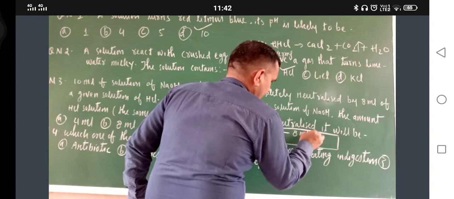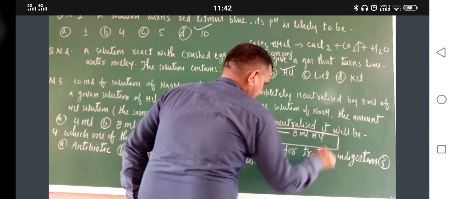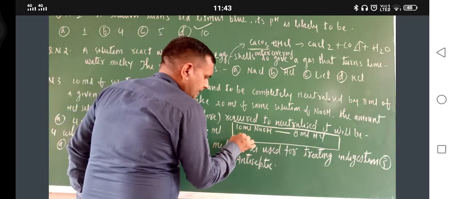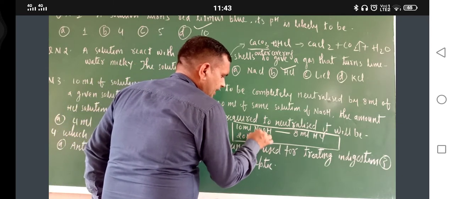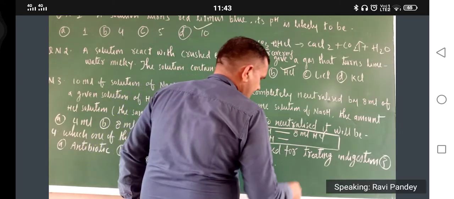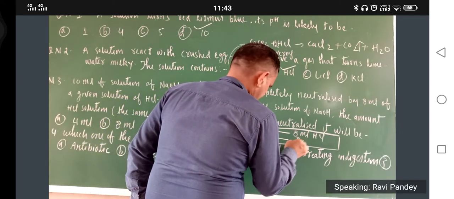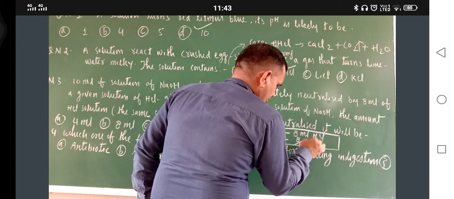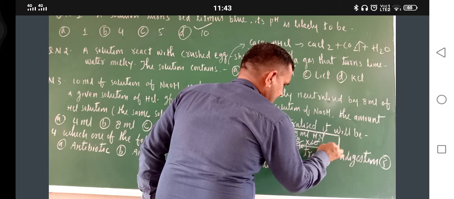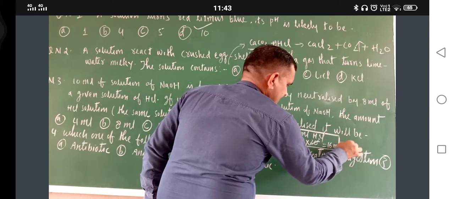What is this one? 8 milliliter HCl. Okay. Now you are taking 20 milliliter NaOH. So how much HCl will be required? So 8 by 10 into 20. So that is 16 milliliter HCl required.